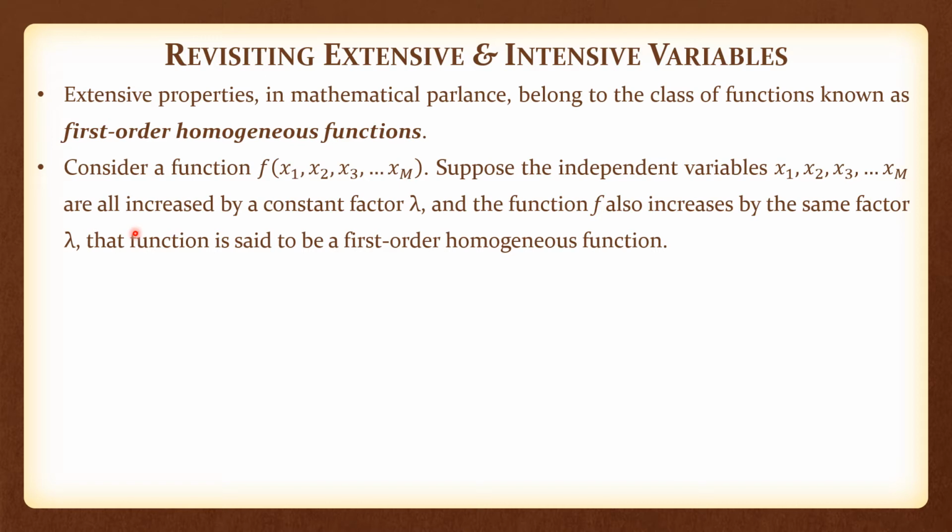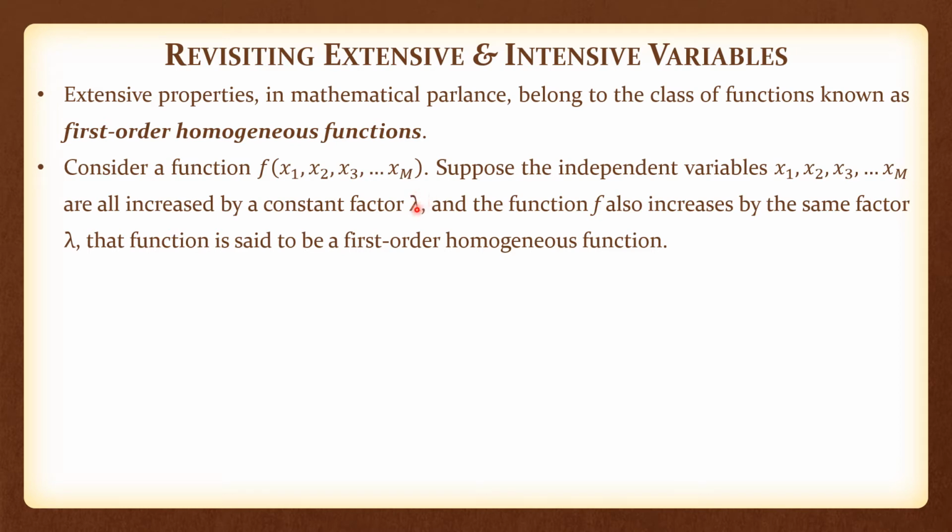This is basically a more mathematical way of stating our explanation for an extensive variable. If I double my system size, for example, if I double my volume, my internal energy should double. If I double the number of moles of substance present in the system, my internal energy should double. This is how we define extensive quantities.